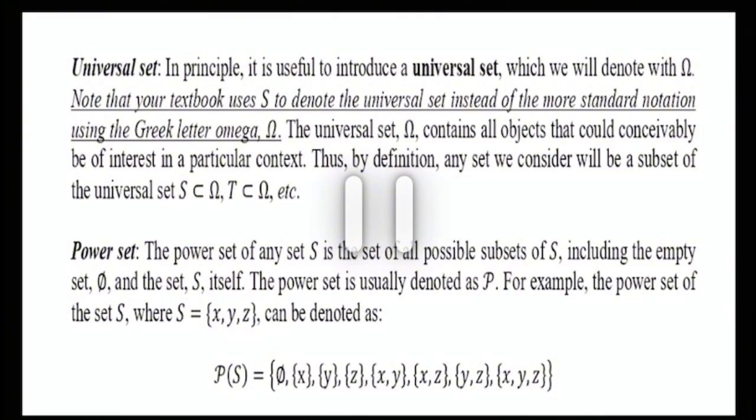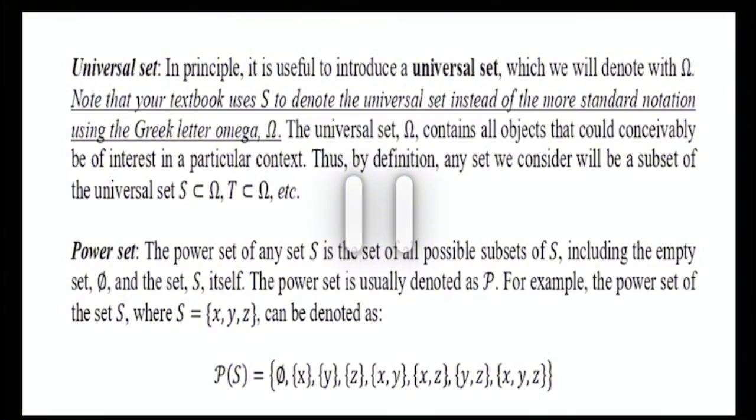Now, I want to go into the universal set. Universal set in mathematics is synonymous with sample space, a collection of possibilities. That's exactly what we mean. Now, I need you to pay attention to this. Please look at this.